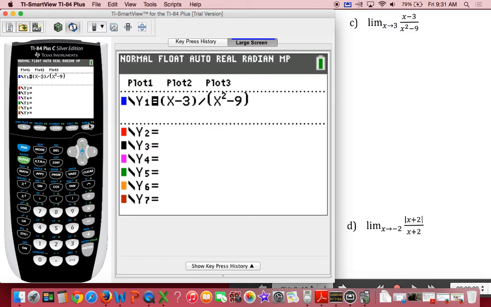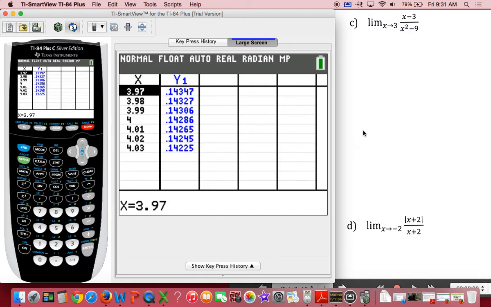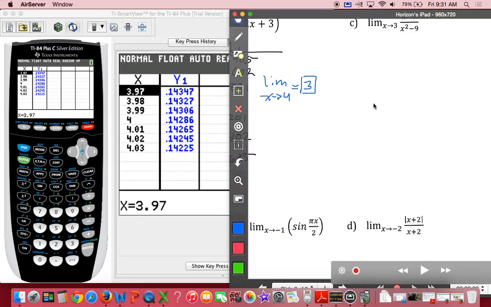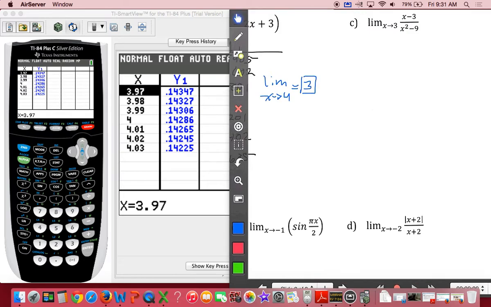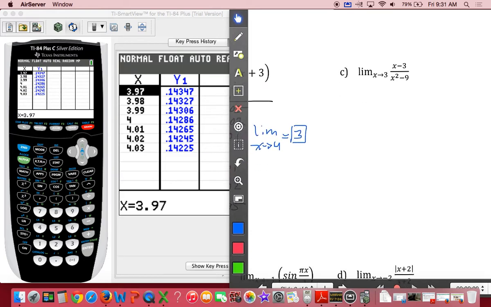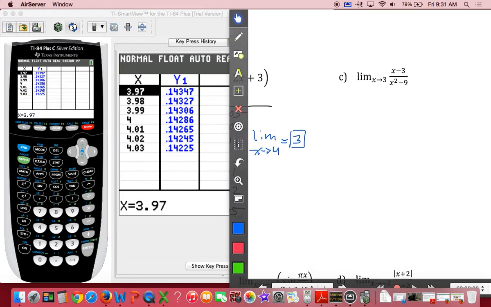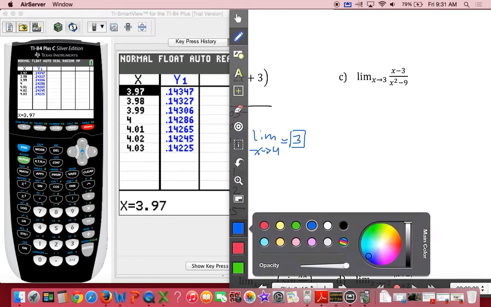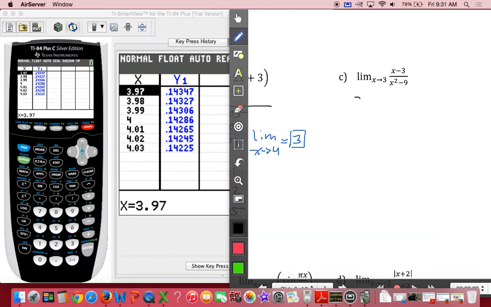So go to second table, and we have our old values in there. But let's go over here and set up our table of values. So what's really close to 3, but smaller than 3? 2.97.